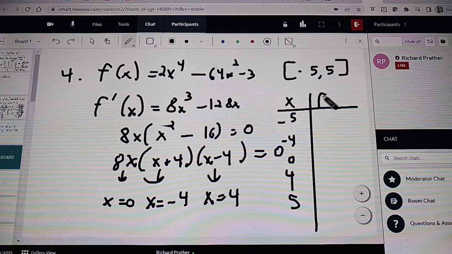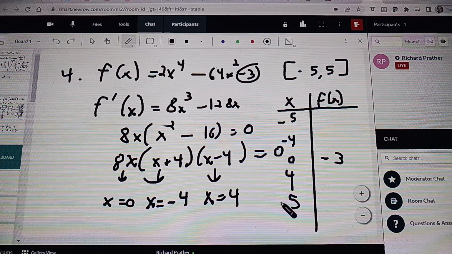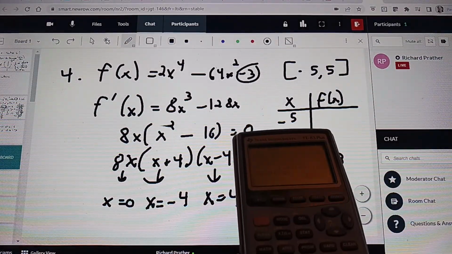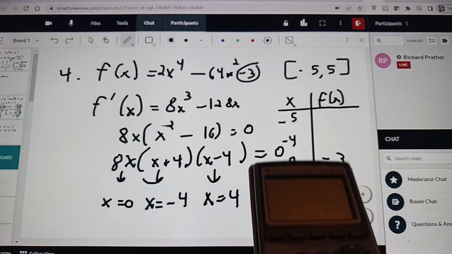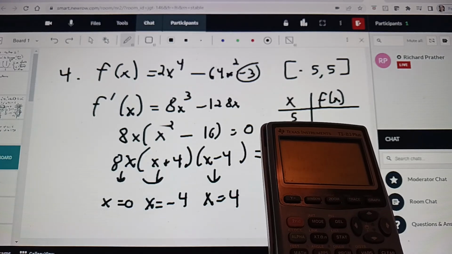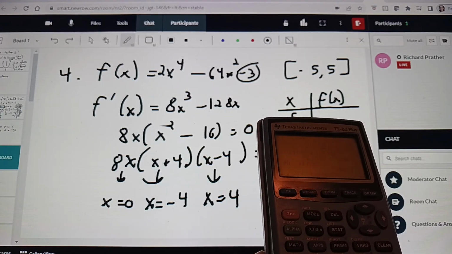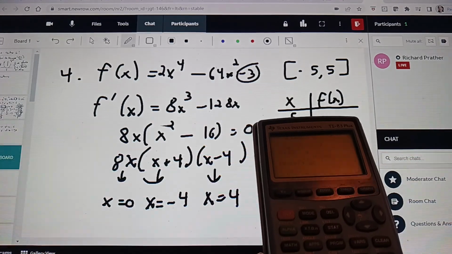I've got 5 x values to try to find f of x of. And 0 is the easiest one because the answer is just going to be -3. And the exponents are even, so as soon as I plug in 4 and 5, the other answers are going to have the same values. So 2 parenthesis, I'll plug in 5 first, 5 raised to the 4th power, minus 64 times 5 squared, minus 3.